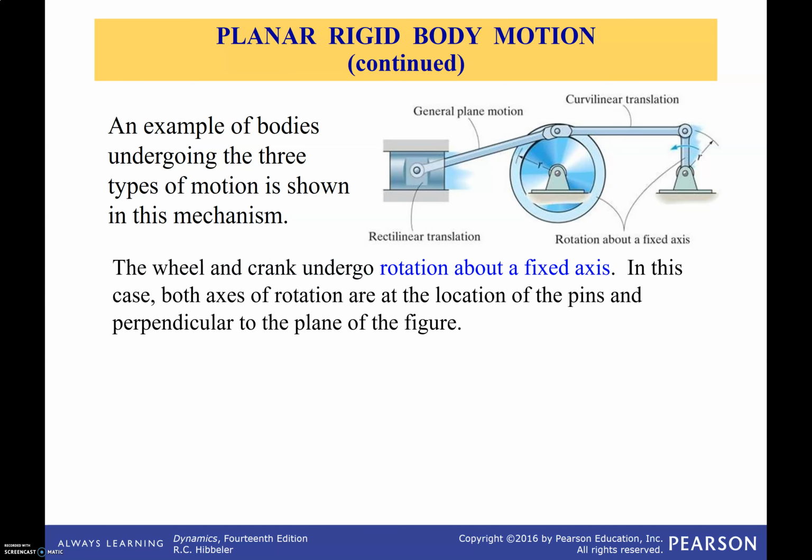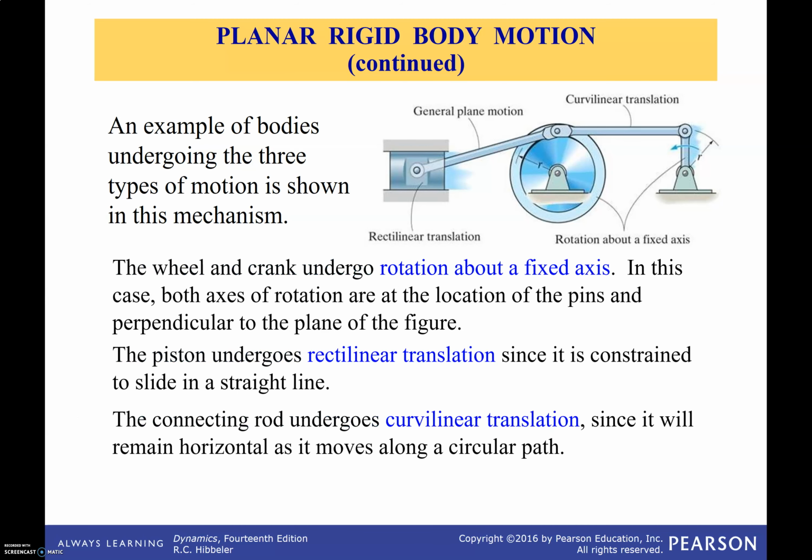Here's an example of a piece of machinery that has many pieces, and each one has a different type of motion. This one is just doing a pure rotation about an axis perpendicular to the page at that point. This disc is also doing a pure rotation.